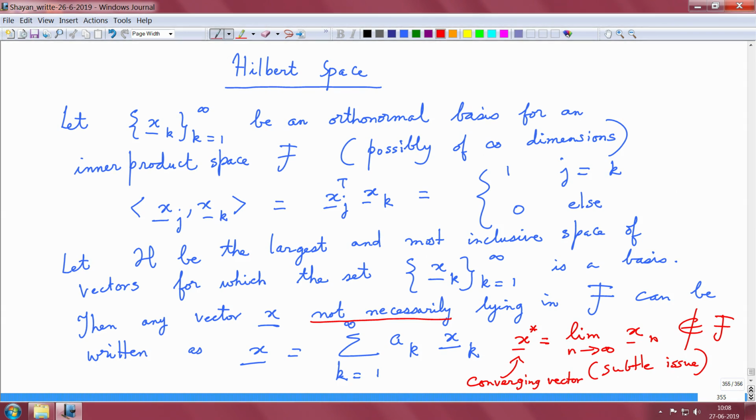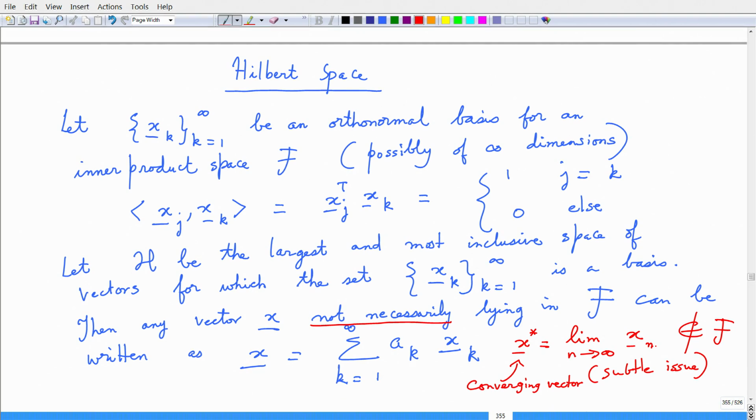And to endow this inner product space with the completeness property, I want to bring in this sense of converging vector to be also part of another space. I bring this largest and most inclusive space, which is H, which accommodates the subtle condition. Okay, we will get into these details slightly later.